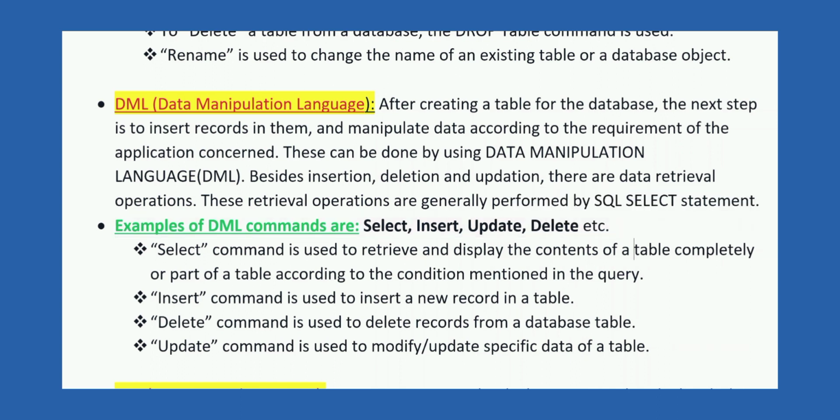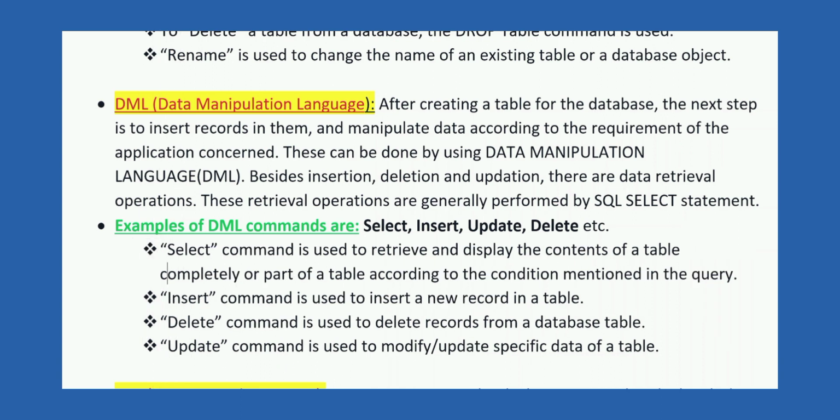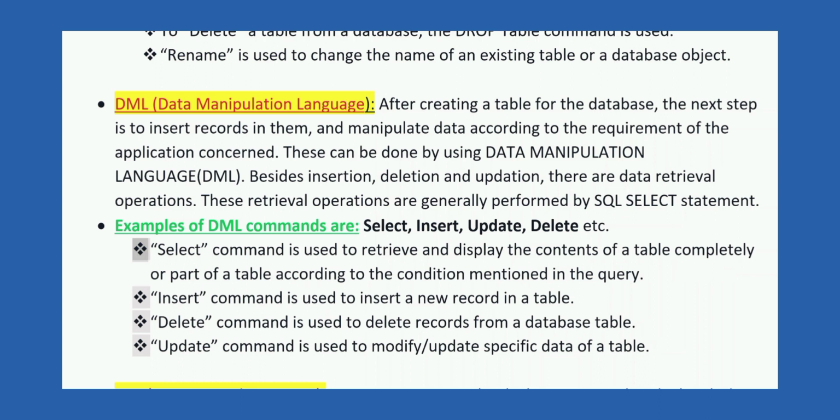Select means what? Select command is used to retrieve and display the contents of a table completely or part of a table according to the condition mentioned in the query. Whatever query जो भी आप क्वेरी एग्जीक्यूट करने जा रहे हो, उसमें अगर आप सेलेक्ट कमांड के थ्रू क्वेरी एग्जीक्यूट कर रहे हो तो वो या तो आपका कंप्लीट 100% टेबल को डिस्प्ले कर देगा using the command like select star from table name, then it will display you all the rows and columns, the complete table.